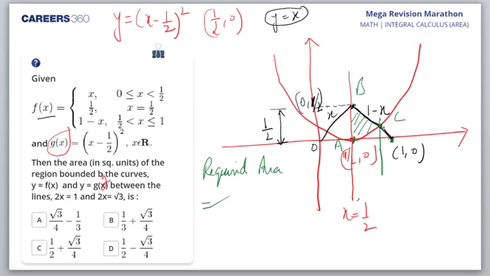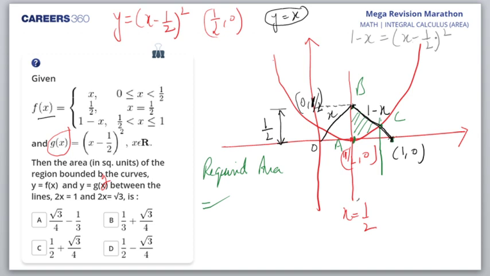Let us find out this point. This point is the intersection of the line y = 1 - x and this curve. So what will I have? I'll have 1 - x = (x - 1/2)². That's how I'll eliminate y from both of these equations.